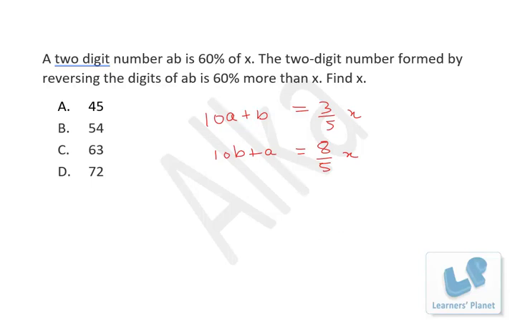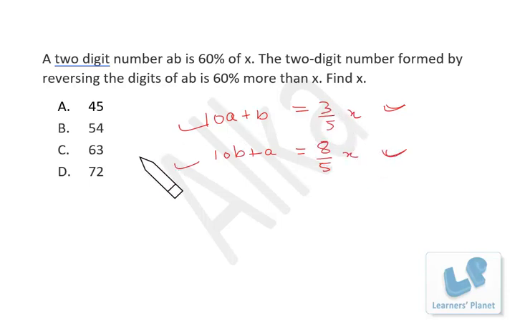Now though you have to solve this problem to get the final answer, since we have been given options over here, we can take the help of the options. Any two-digit number, or the number obtained by reversing its digits, is definitely an integer. That means the right hand side should be an integer. That means X should be a multiple of 5, then only you will get the right hand side to be an integer.